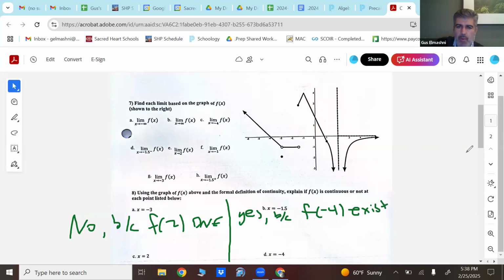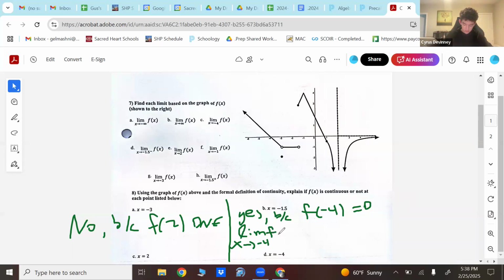Or we could just say f of negative 4, what it is. That's going to be 0. The limit also equals 0.